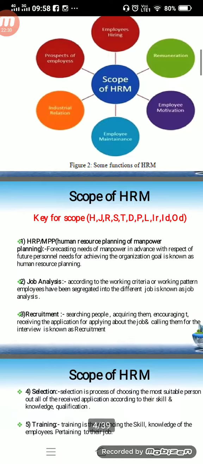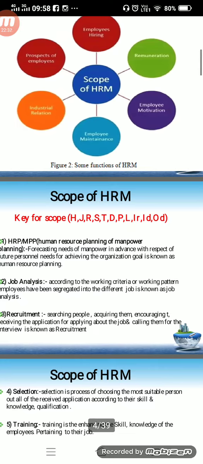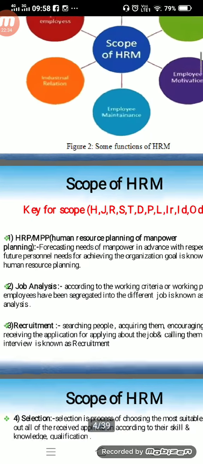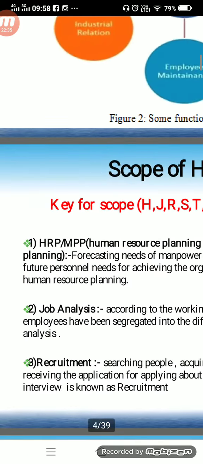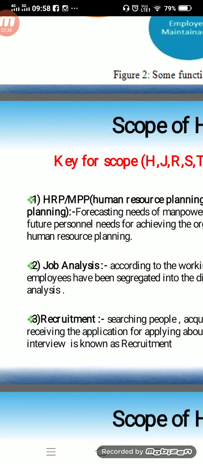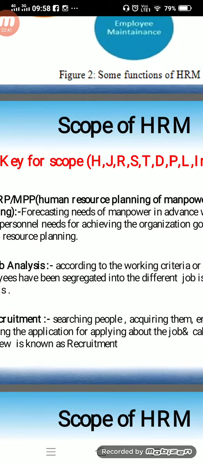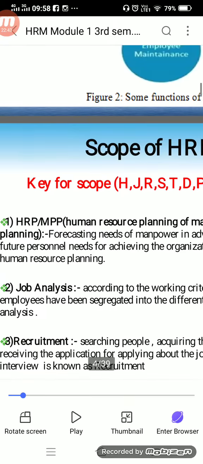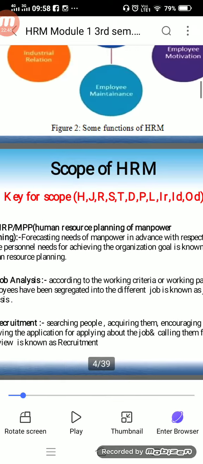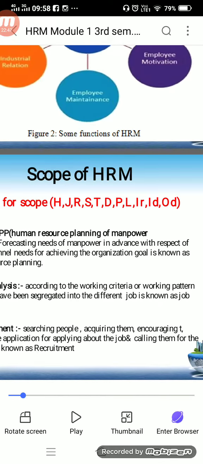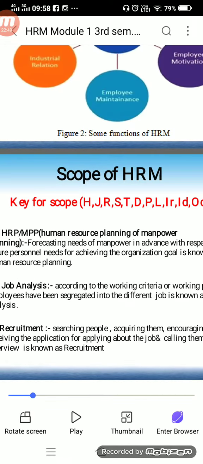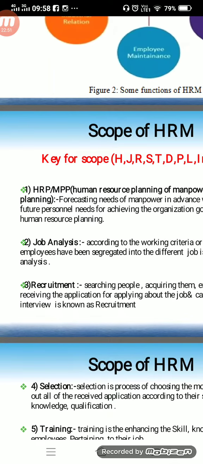The key for scope, like HJR: H is for HRP, J for job analysis, R for recruitment, likewise. That's why I have put this shortcut word. Okay, scope of HRM.